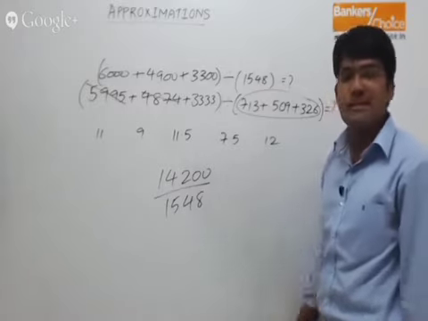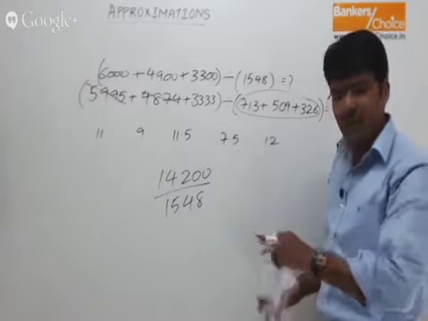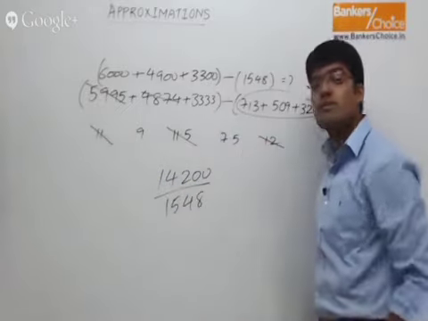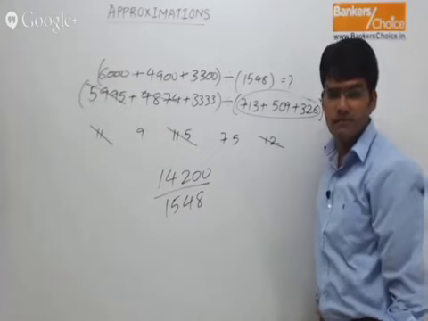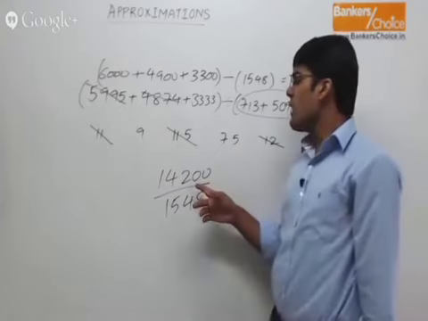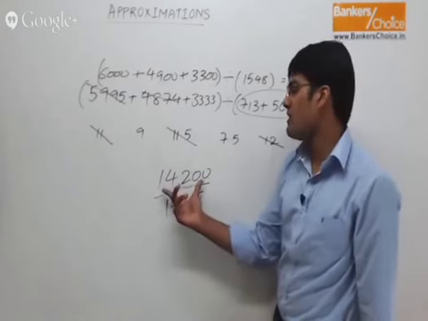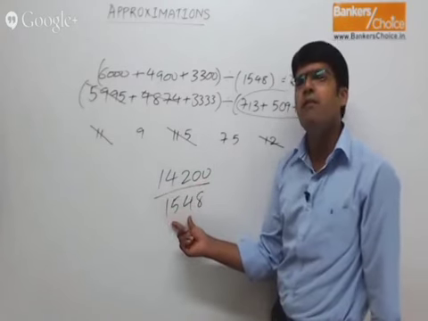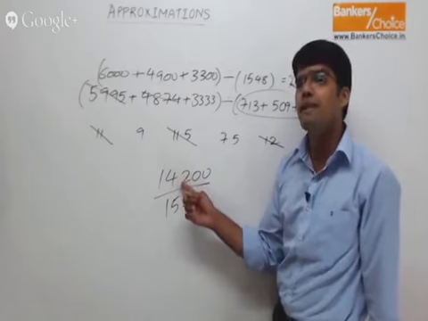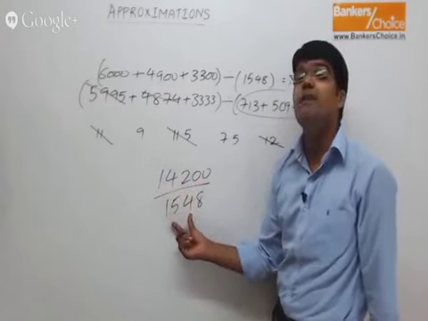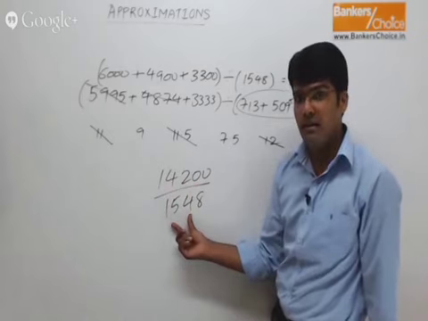Now the moment you see this 14,200 divided by 1548, you will know that first option, third option and fifth option cannot be the answers. Tell me why. 14,200 divided by 1420. Just try to understand. If the denominator is 1420, it will be equal to 10.